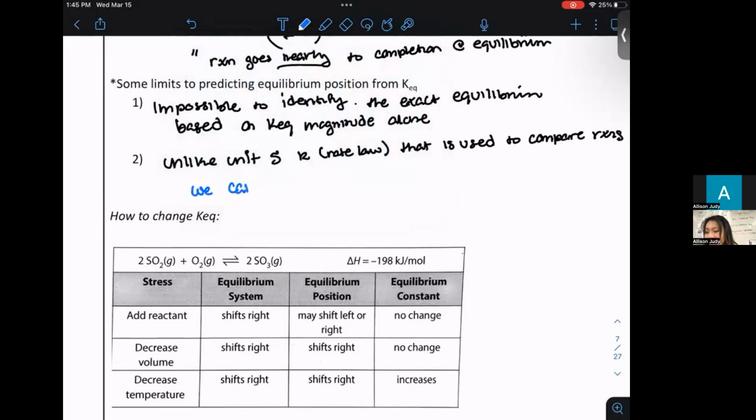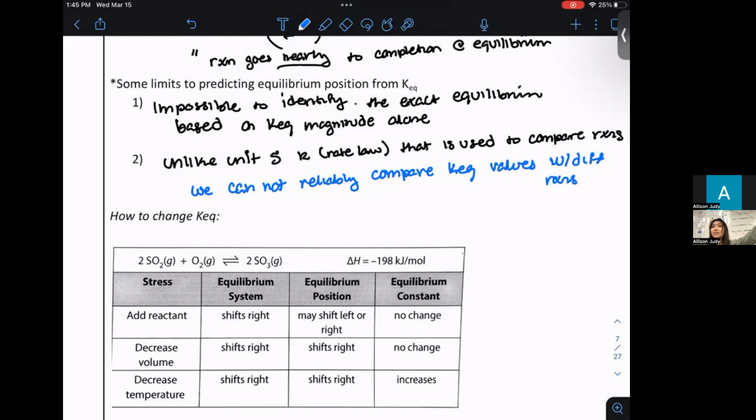We cannot reliably compare KEQ values between different reactions. So basically, KEQ is not helpful when looking at two different reactions, you can't really draw conclusive ideas from that.